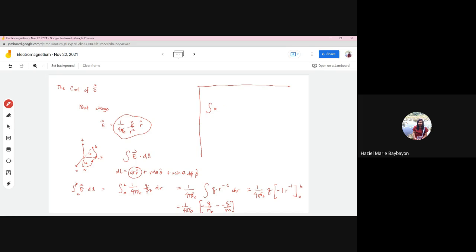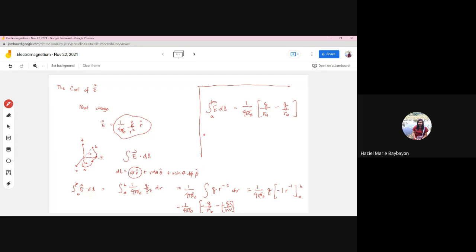The integral of E dot dl from A to B is just equal to 1 over 4 pi epsilon naught, you have positive q over r sub A minus q over r sub B. Again, your r sub A is the distance from the origin to point A, and r sub B is the distance from the origin to point B.